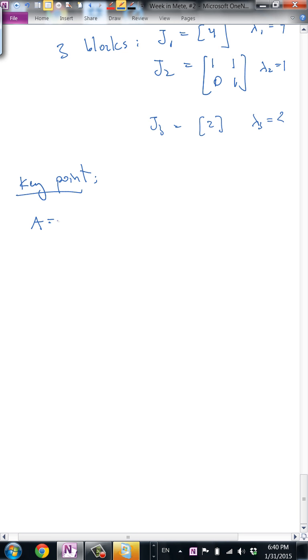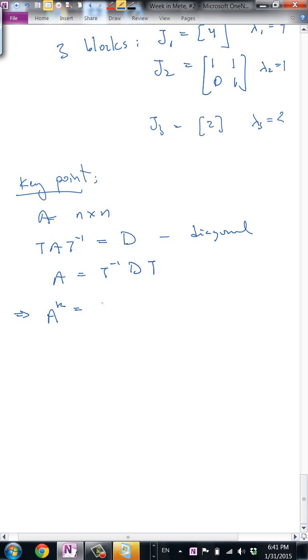If A is a matrix, and T A T inverse is equal to a diagonal matrix, then A is equal to T inverse D T. Then A to the power k is equal to T inverse D to the power k times T. So this is something that you should be able to check for yourselves by now.